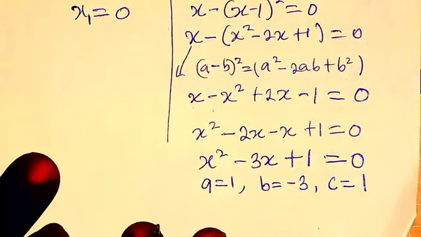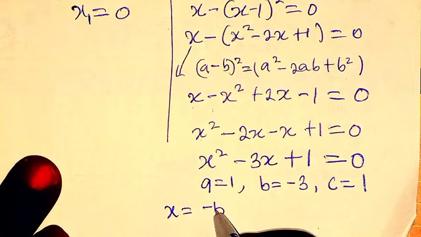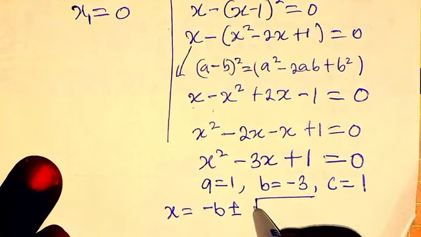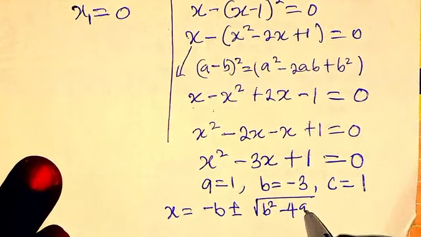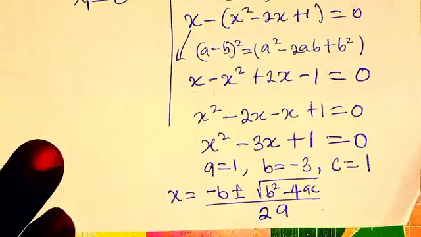So now from the formula we're going to have x to be minus b plus or minus the square root of b squared minus 4ac, over 2a.